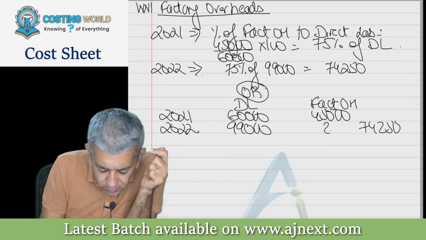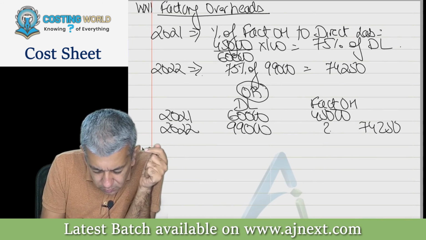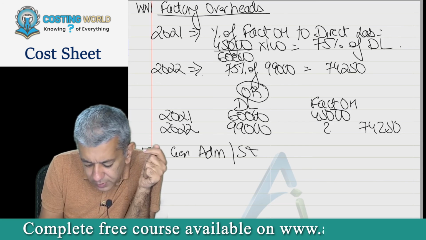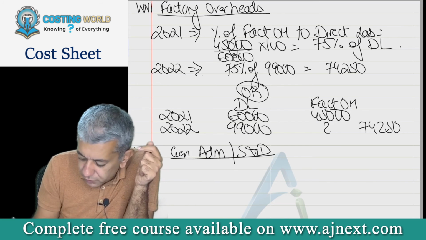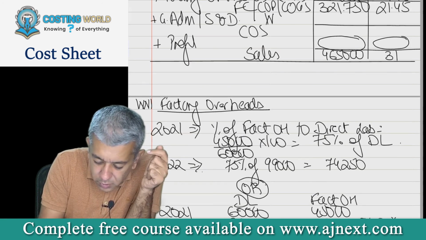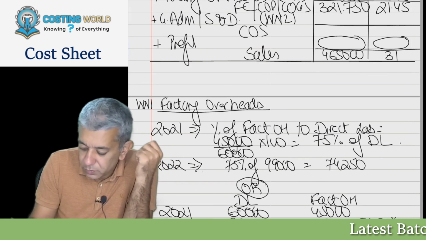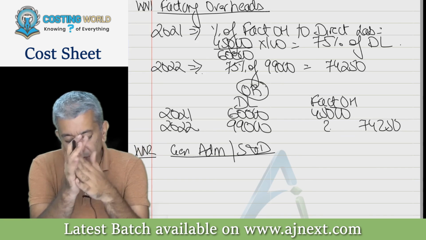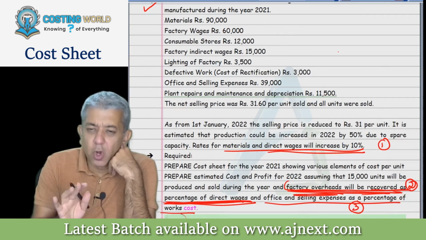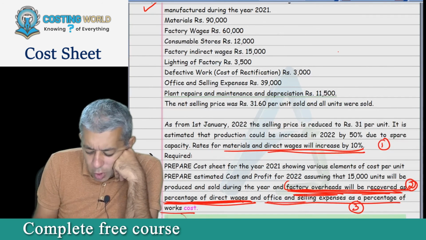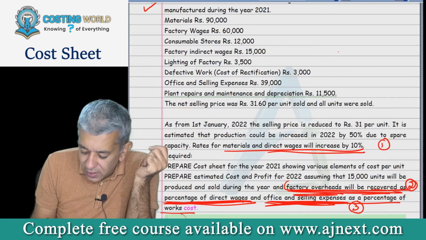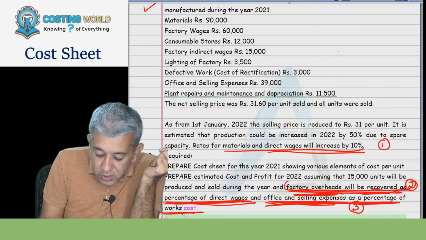Write down working note number 2: general admin / S&D. Now, what is given about this? Almost the same words here. Office and selling expenses, which is what we want, are recovered as a percentage of works cost.